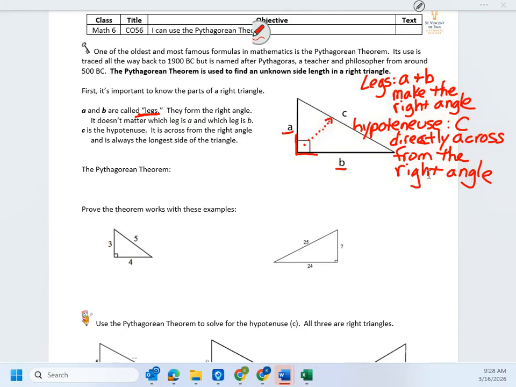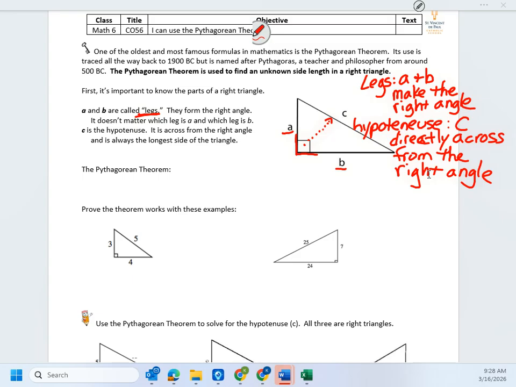You need to know how to label that right triangle. Which two are the sides that make up the legs, that make up that right angle, and the hypotenuse C is directly across from that right angle.